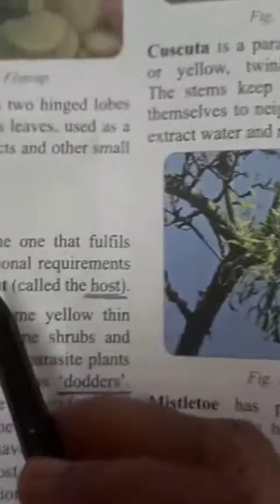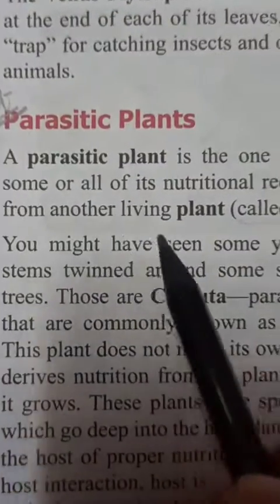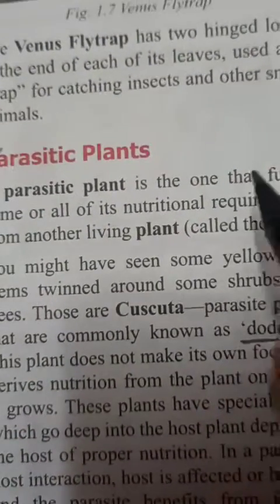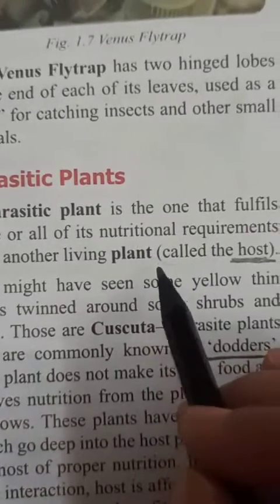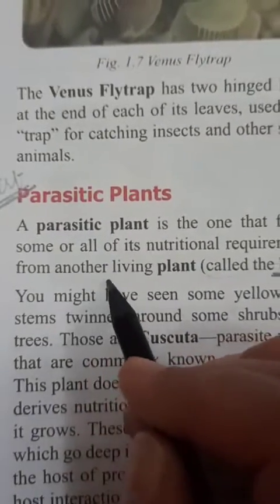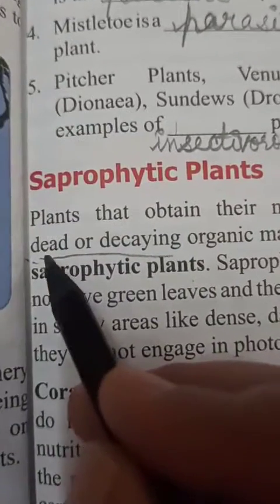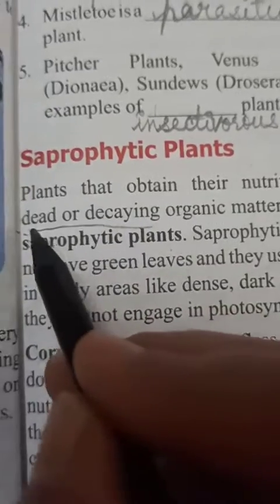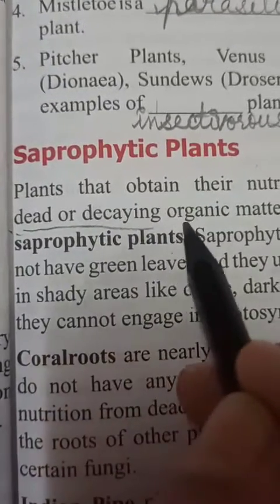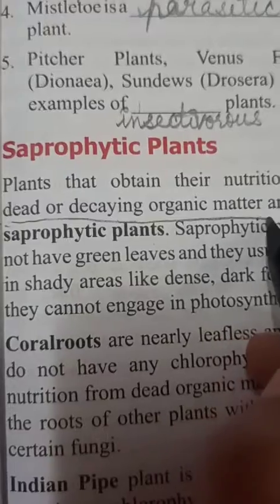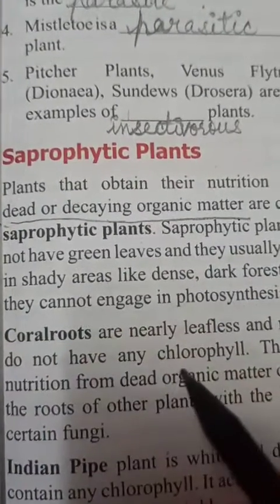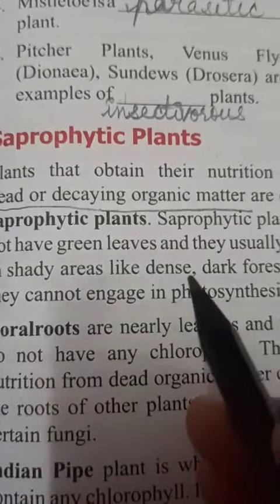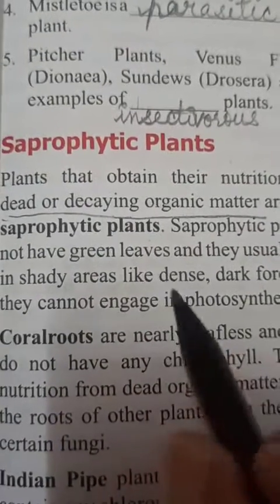In the case of parasitic plants, I have explained that this category of plants grows on the living plant, but here they obtain their nutrition from dead or decaying organic matter. So the main difference between parasitic and saprophytic nutrition is this only.